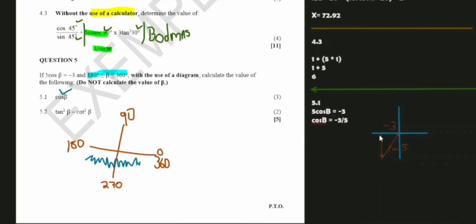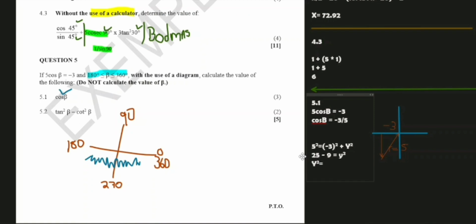Now, what is y? To get y, you can use the Pythagoras theorem. We know that in this region, y is negative. So you can say 5 squared is equal to negative 3 squared plus y squared, which is then equal to, what's 5 squared? 25, minus, what's minus 3 squared? 9.